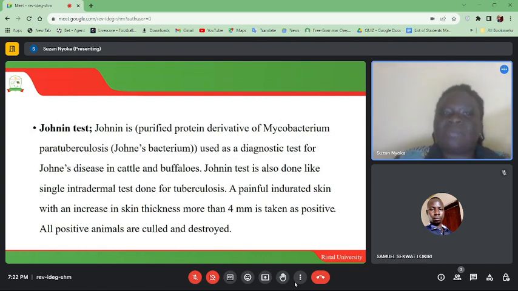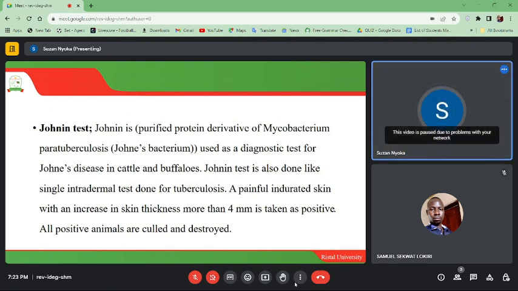Johnin test is purified protein derivative of Mycobacterium paratuberculosis, used as a diagnostic test for Johne's disease in cattle and buffaloes. Johnin test is also done like the single intradermal test done for tuberculosis.